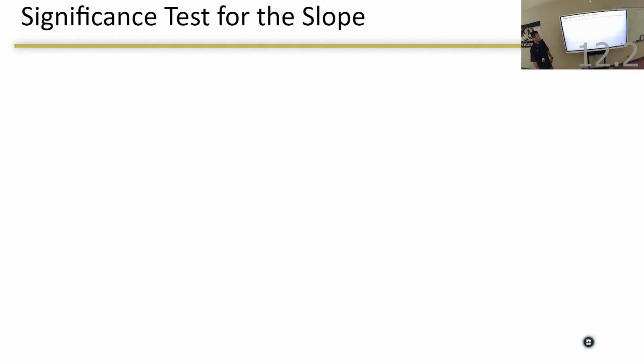Okay, significance tests. So we still have the same conditions, linear. You have a H0. Beta, not B, beta, population. Typically we think it's 0. Beta is the slope, guys, right? We think the slope is 0.